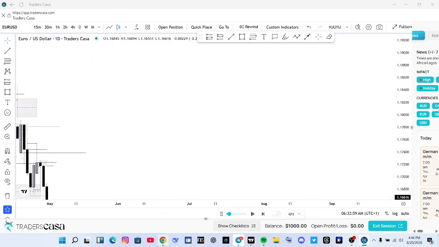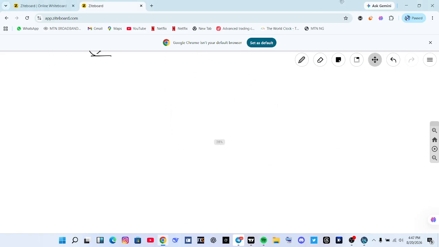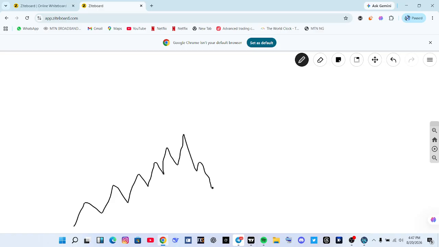Now, if price is buying, let's say price is buying like this, and this is just a daily structure, okay, and then price gave us a retracement like this. Now price started buying again. Now you see all these key levels here, they are called roadblock on that time frame.